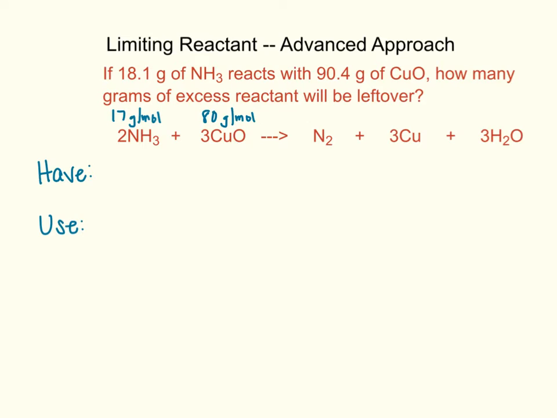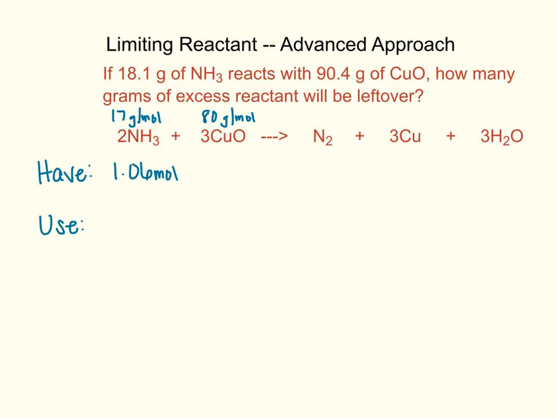So to get the number of moles that I have, I need to divide what I've been given by the molar mass. So I'm going to divide 18.1 by 17, and I'm going to get 1.06 moles.